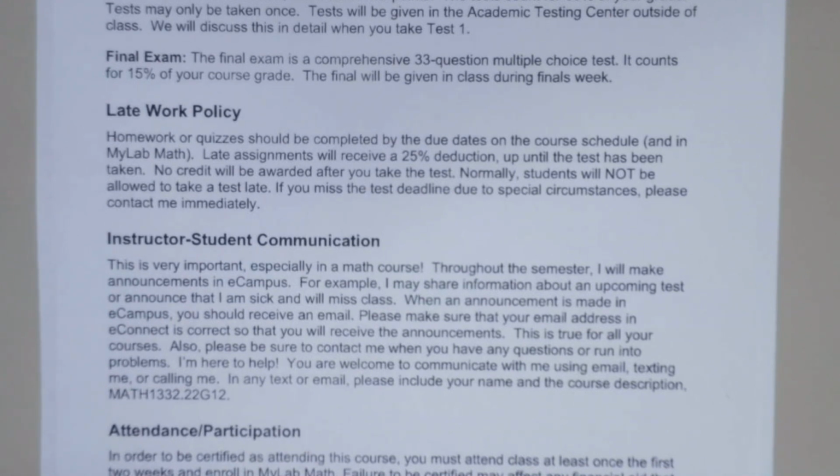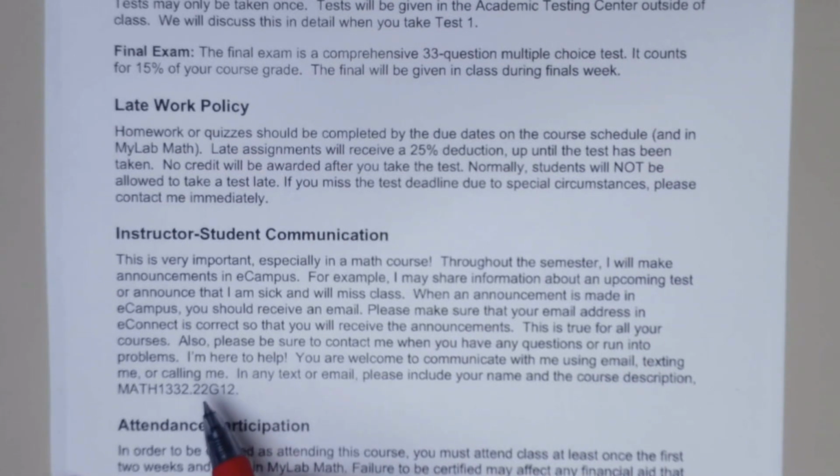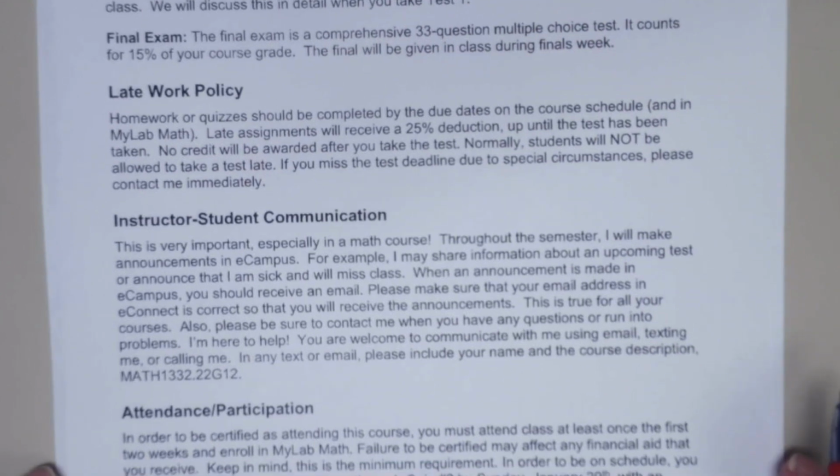Like for me, anytime you send me an email through eCampus, it goes directly to my phone, and so I don't miss things generally. The only time if I miss something, it's because there's just a lot of emails. But again, I'm usually pretty good about getting back to students. We already talked about how to get a hold of me. When you send me an email, if you could just put in our class number, that's always helpful, especially at the beginning of the semester.